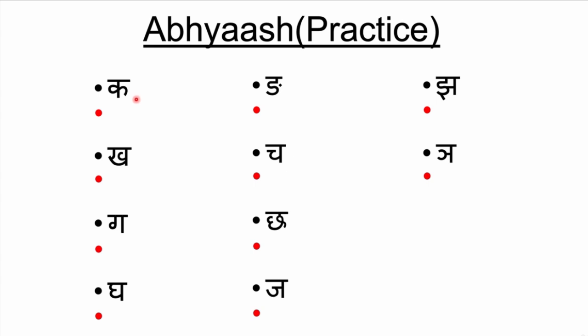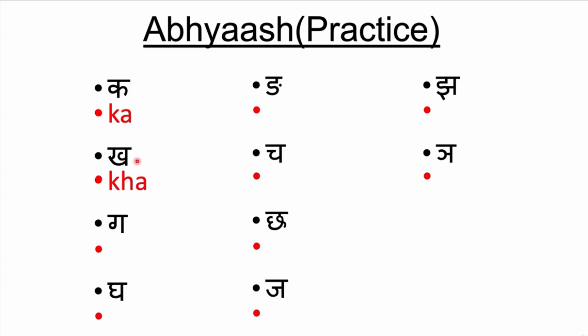Okay, this is ka. Did you get it right? If yes, well done. If no, it's time to revise the sound. Let's move on to the second one. Try guessing this, everyone. Aha, this is the sound ka.